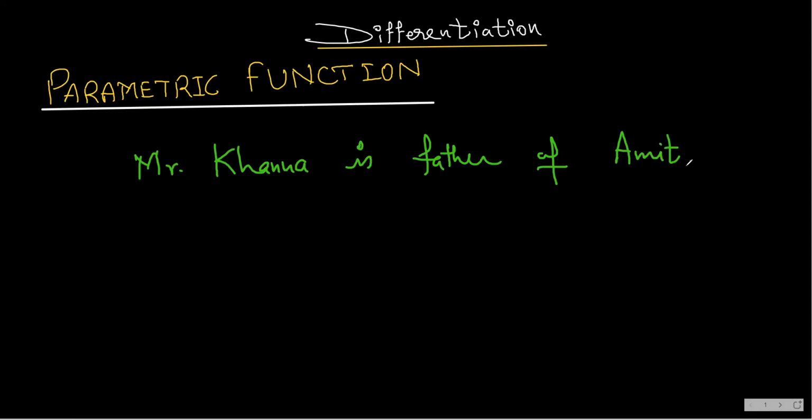Mr. Khanna is father of Amit, right? Or I can write the initial also, say Mr. L Khanna, L for say Lalit, or the best is to write Lalit only. So I write here, Mr. Lalit is father of Amit.